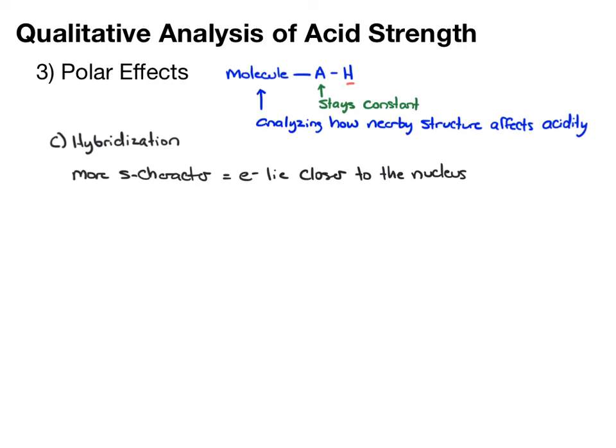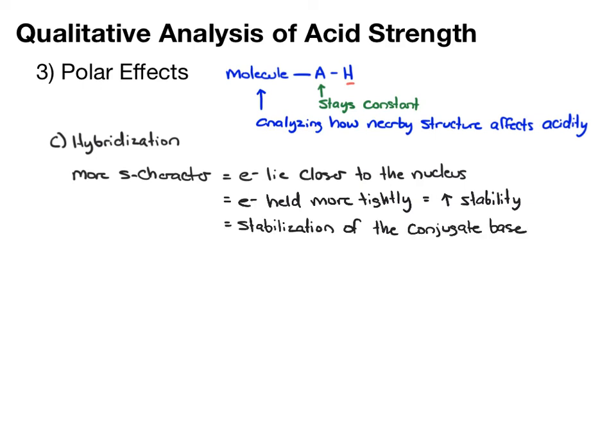That means the electrons are held more tightly. More tightly held electrons means more stability. And in terms of acidity, that means stabilization of the conjugate base.